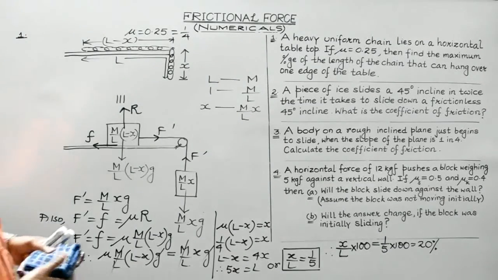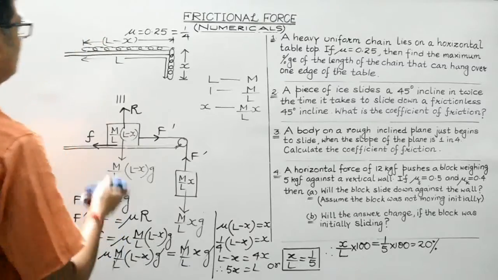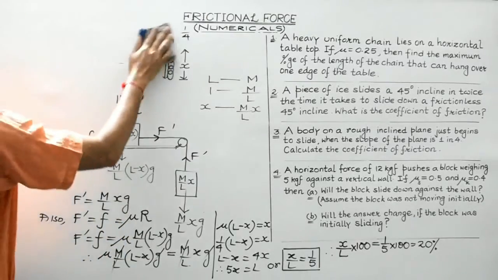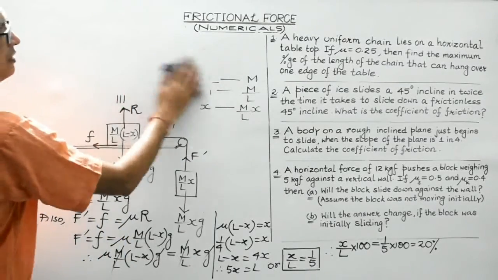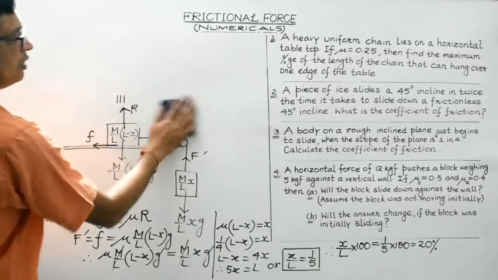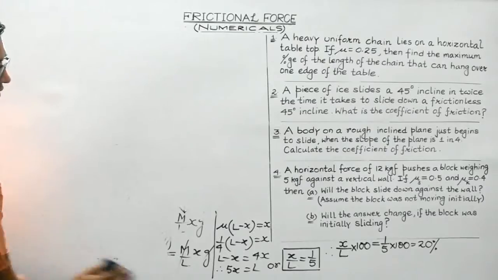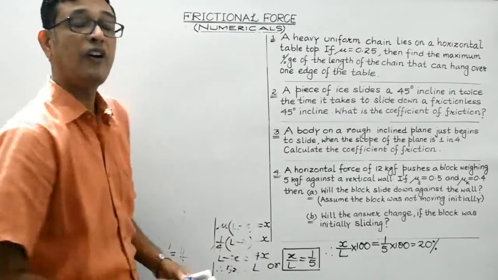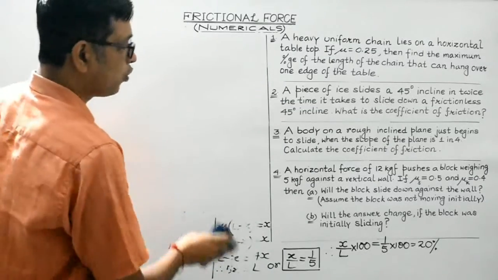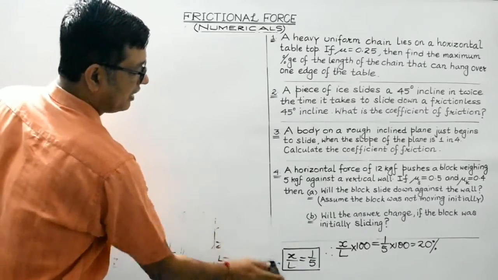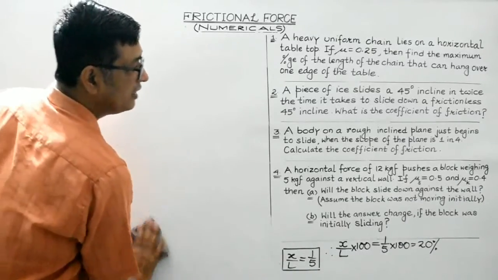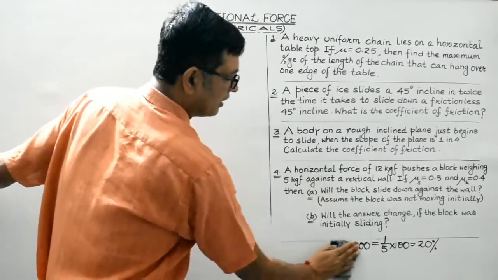Second question, students, it's pretty important and a very, very good question. Let me read it out for you. A piece of ice slides down a 45-degree incline in twice the time it takes to slide down a frictionless 45-degree incline.